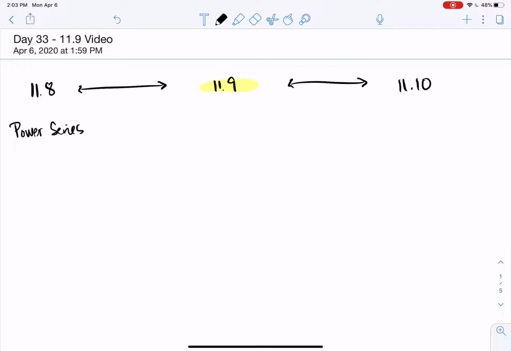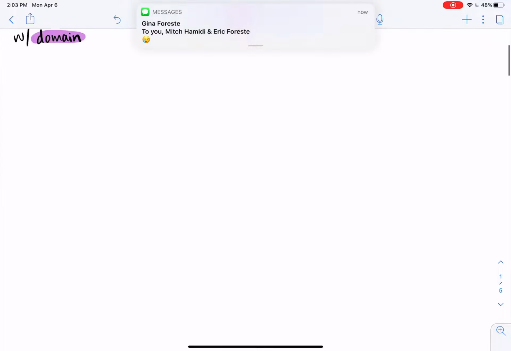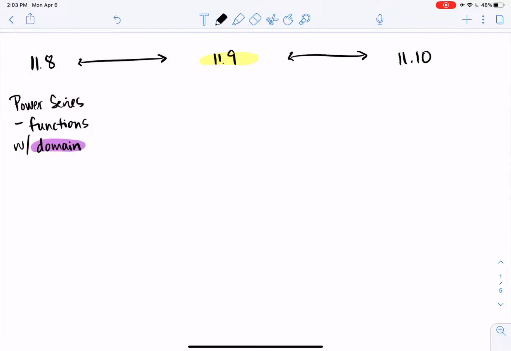And power series, they are just functions, okay? But they are functions that have some sort of a domain, and we refer to the domain of a power series as the interval of convergence.